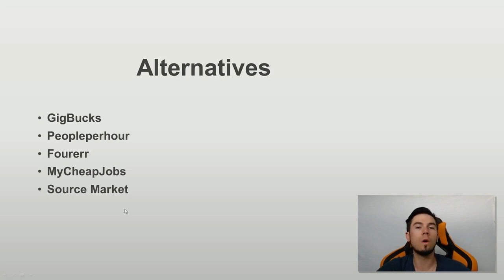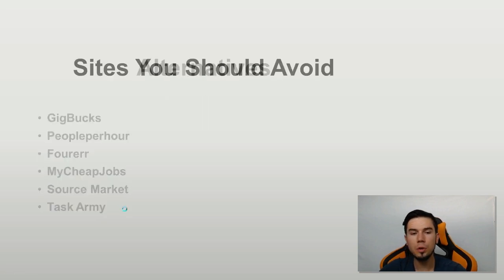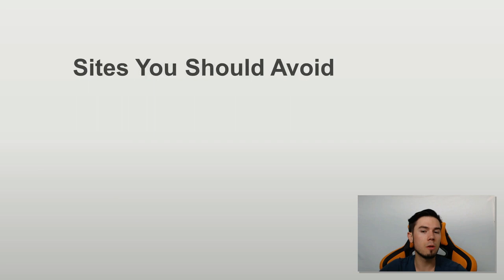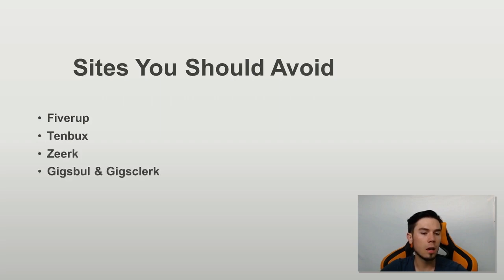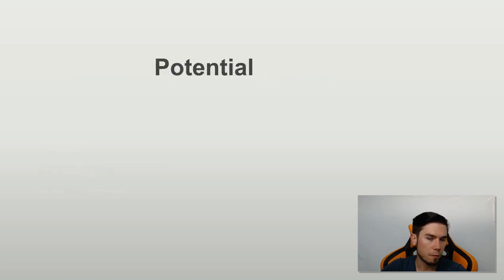So you increase your exposure and you can get sales from multiple places, right? Amazing. Task Army is another great website that I'm suggesting you to use. And then sites you should avoid because they are a waste of time and they will never get you a sale: Fiverr Up, $10, Zerk, Gigsbull, Gigsclerk, and that's kind of all about.